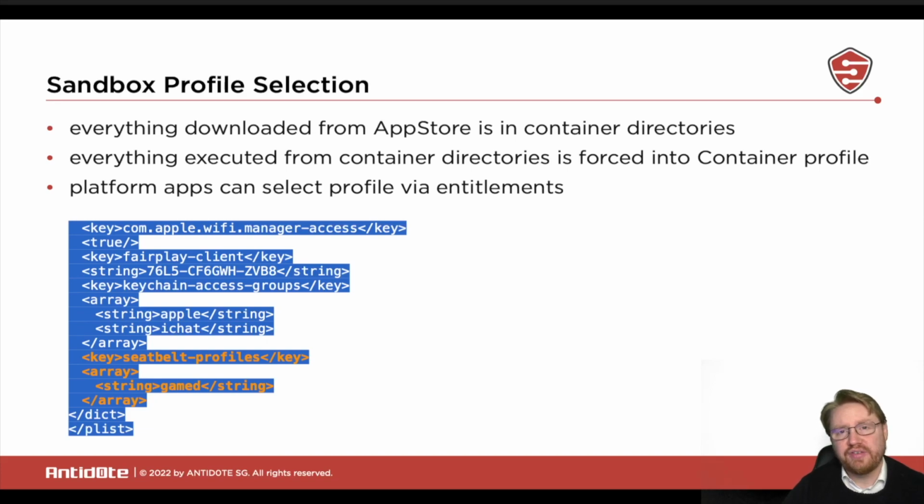They can also choose their Sandbox profile themselves by running functions in libsandbox, but usually they have entitlements that tell us which Sandbox profile they run in. This is called seatbelt-profiles, because the original code name of the sandbox was seatbelt. And in this case we know it's running in the gamed sandbox.